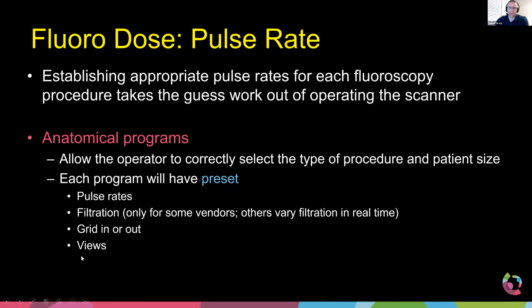Views basically means when you walk in, if you're going to be doing, say, a barium enema or whatever it is, you know that you're going to be doing maybe a fluoro, maybe a couple of spot films. You have a procedure built, so a workflow built. You want to make sure that workflow makes sense so that when you're stepping through it, going from one procedure to the next, you collect all the information.